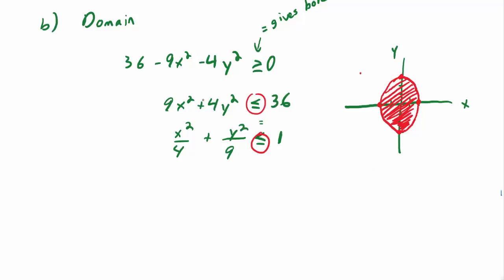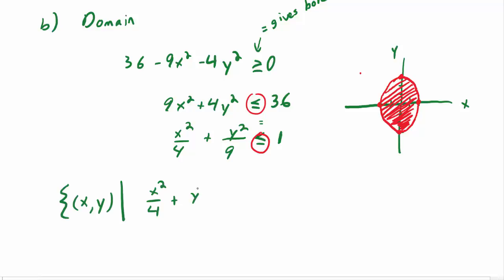All right, so how would you write this symbolically? I don't know if you remember it or not. Set builder notation. You'd say the set of all ordered pairs xy, the vertical bar means such that, and then just put in the inequality: x squared divided by 4 plus y squared divided by 9 is less than or equal to 1. This is just saying all of the ordered pairs in the domain have to satisfy this inequality.